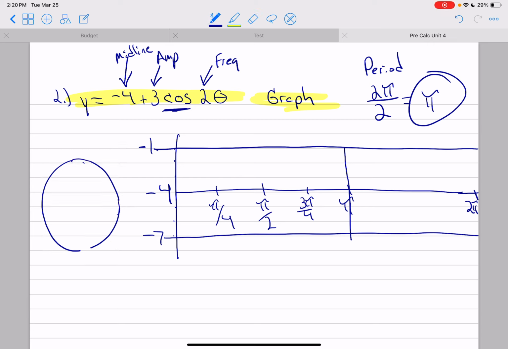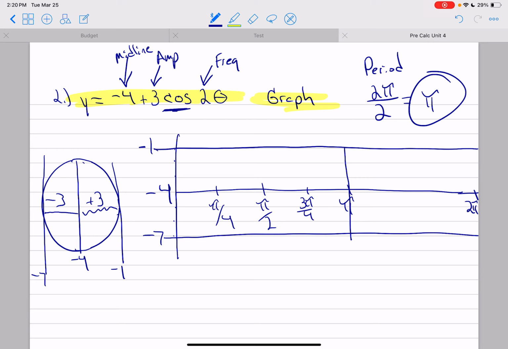So in this case, if the midline is the pole, that means the midline is -4 here, -1 at the front, and -7 at the back. We went 3 plus 3 and -3.